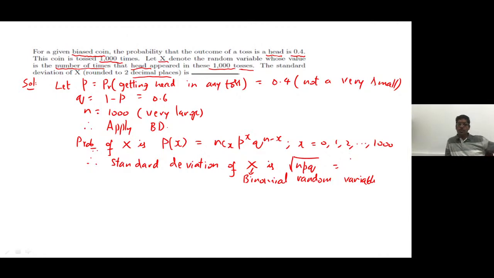Two zeros can be dropped. Now 10 into 4 into 6. So this is root over 240. Please simplify up to two decimal places. Approximately, 15 squared is 225 and 16 squared is 256, so it should lie between 15 and 16. 15.49 is the answer. Please check.